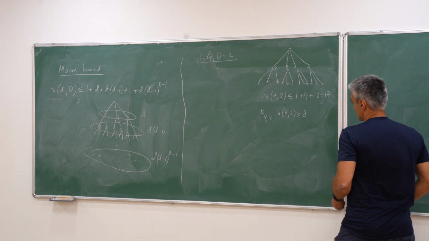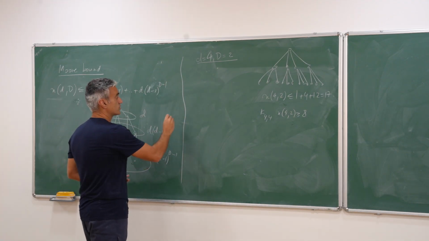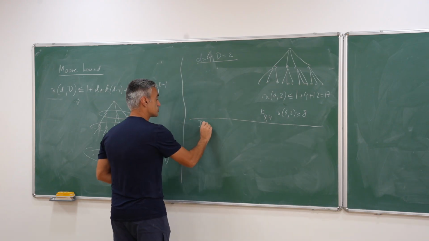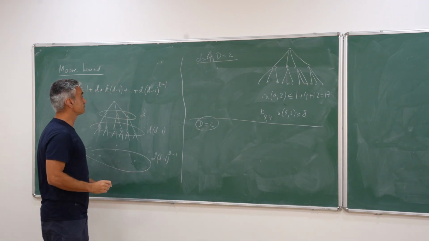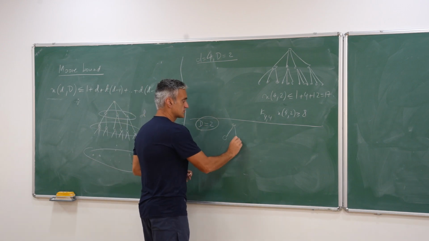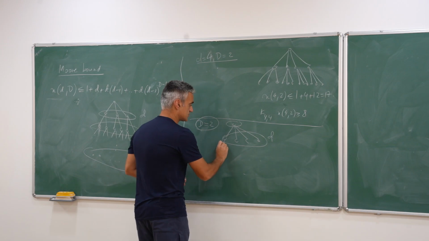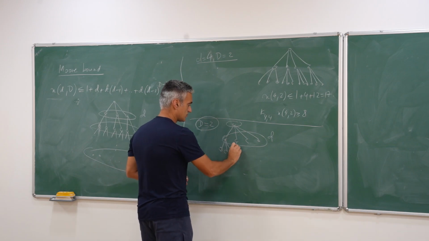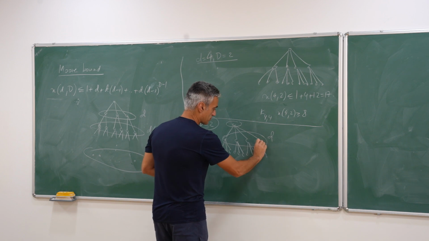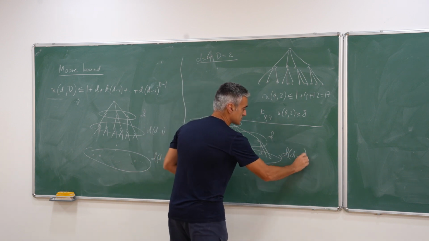Let's see what this Moore bound gives you for diameter 2 in general. So for diameter 2, if you do this picture, you will have, just as before, one vertex here, d vertices here, and d times (d minus 1) vertices here.